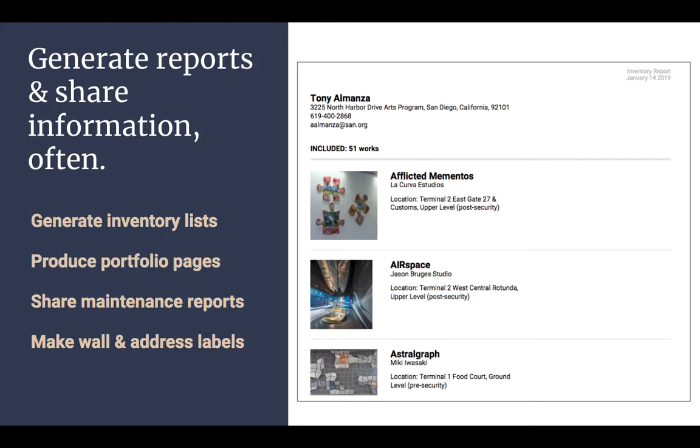If you are creating a handout or PDF for a panel, you can easily pull the information with a few clicks of a button for your panelists and create an inventory list or produce portfolio pages. If you need to share the information about maintenance, you can create reports on that. And like I mentioned earlier, you can not only create wall labels, but you can also create address labels.